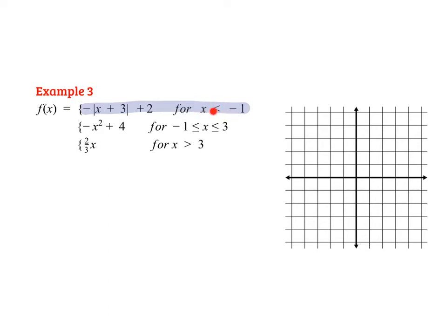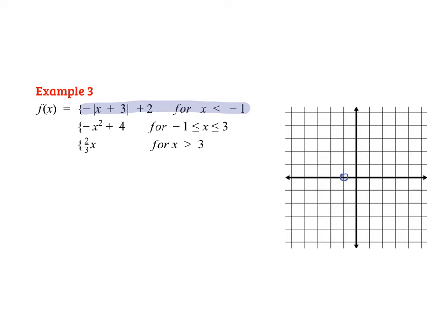Again, even though it's not defined there, I will want to substitute -1 and then put an open circle. So if I have -1 plus 3, I get 2. Absolute value of 2 is 2, times -1 is -2, plus 2 is 0. So when x is -1, y is 0. So I'm going to put an open circle there because, again, it is not defined here.